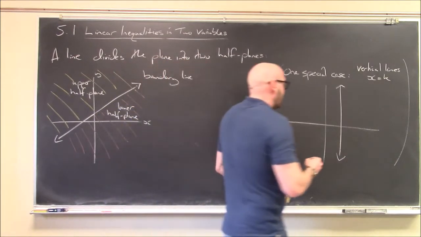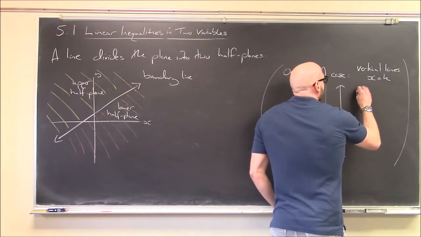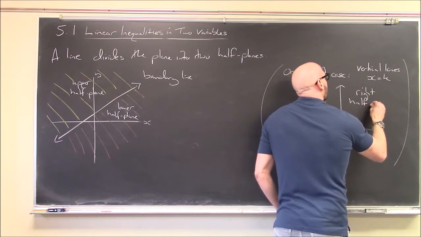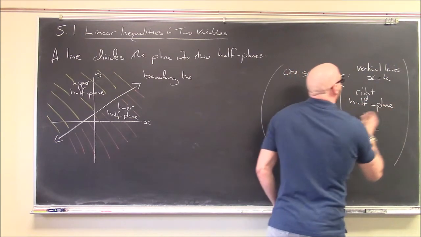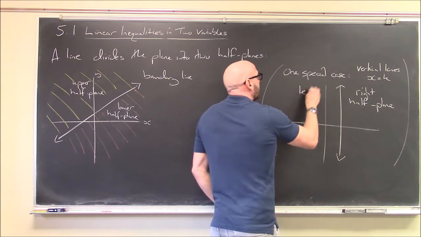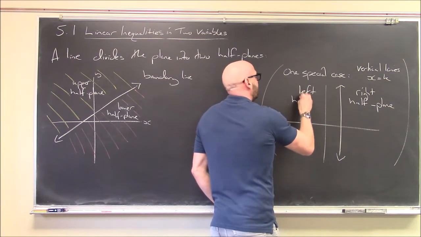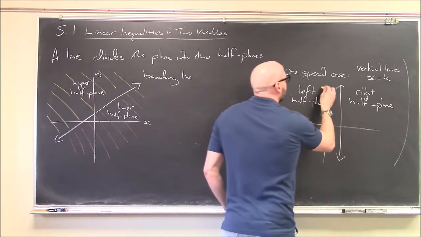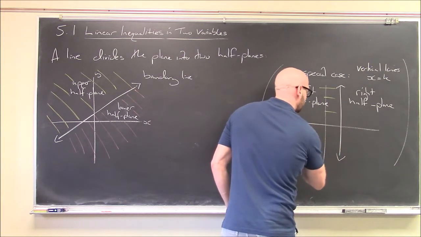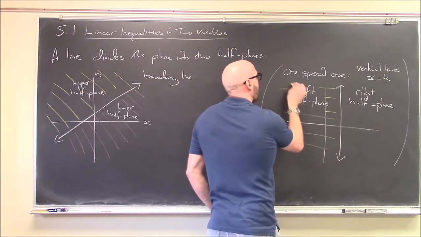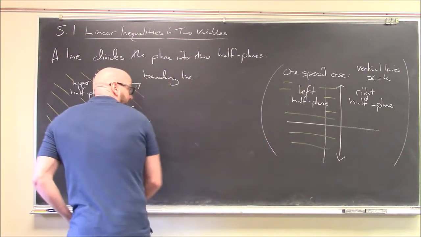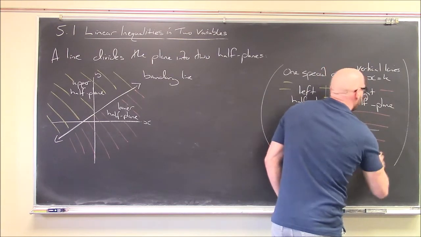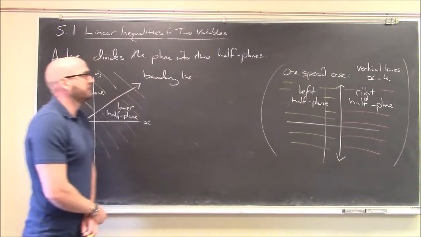So naturally for vertical lines we just use the terminology, we've got the right half plane, for everything to the right of the line, and to the left of the line we've got the left half plane. So left half plane over here, everything in yellow, and the right half plane is everything over here in red to the right of the line.